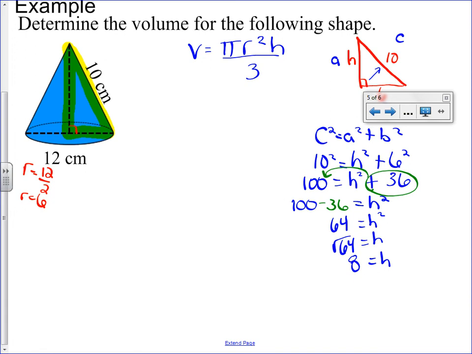So now I know what my height is. I had to do all that work just to find the volume. So Ben, to answer the question here, what would I plug into my formula now? Volume equals what? Times 6 times 8. Good. Excellent. And Jonathan, what would I get on the top when I plug that in?